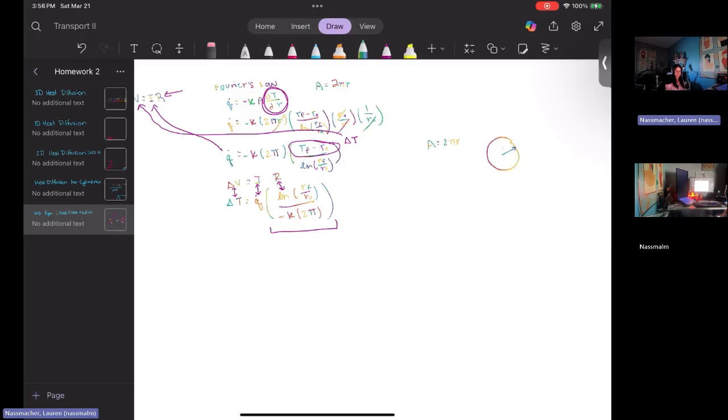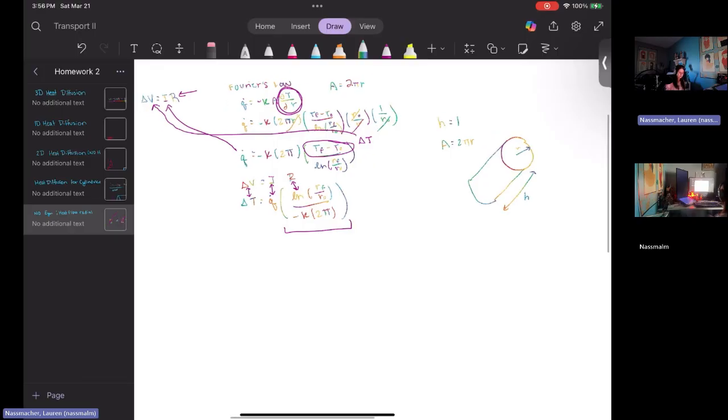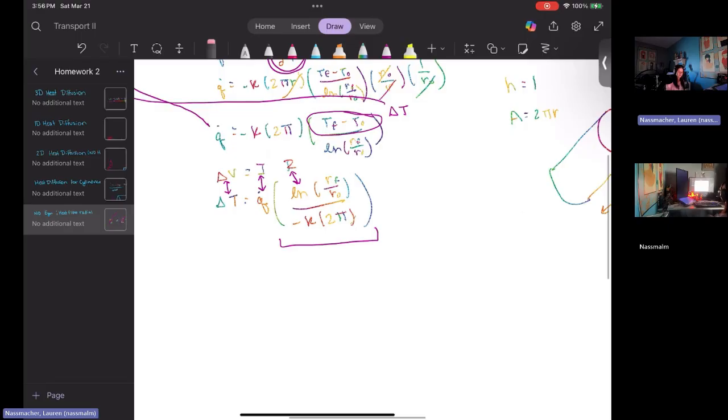You have the radius of your cylinder and you multiply it by 2 pi in order to get that area. But a cylinder also has a height. And so you want to multiply your area by that height in order to get the complete area. I always assume that the height is equivalent to 1, so I never add it into my equations, but it is still part of the process.